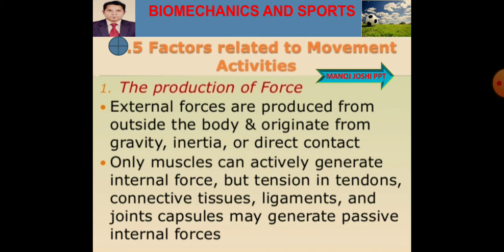Only muscles can actively generate internal force. But tension in tendons, connective tissues, ligaments, and joint capsules may generate passive internal force. So directly the muscles are producing, and the rest of the supportive structure is producing the passive force. That is the production of the force.